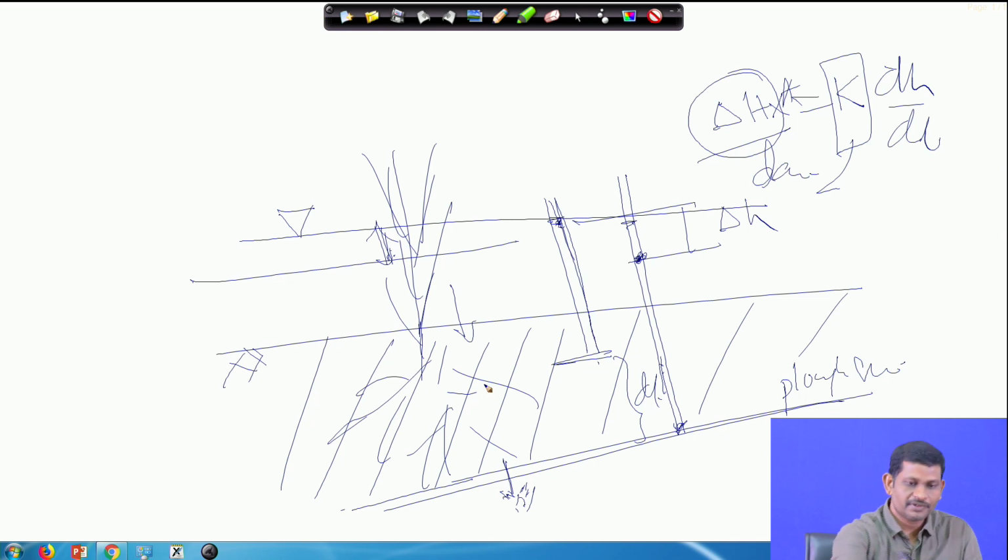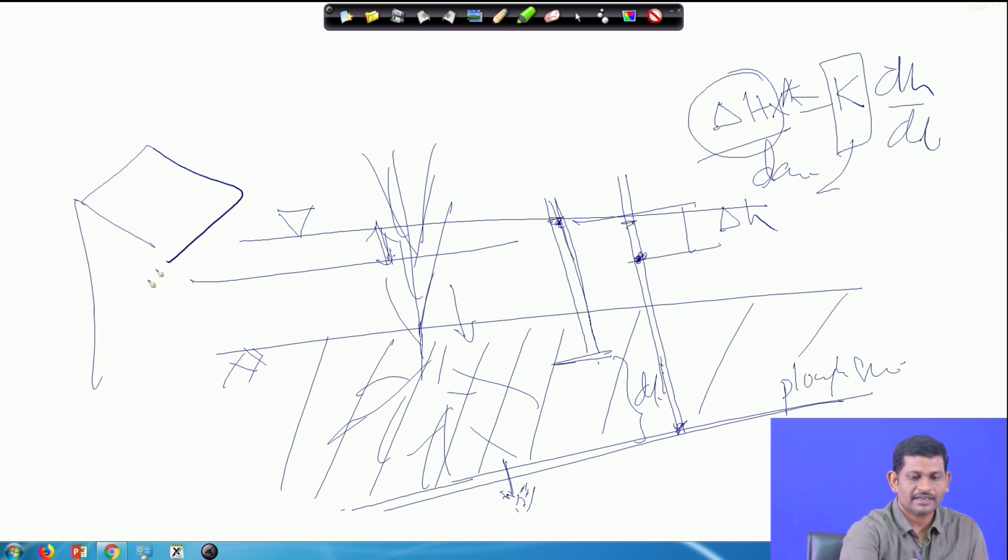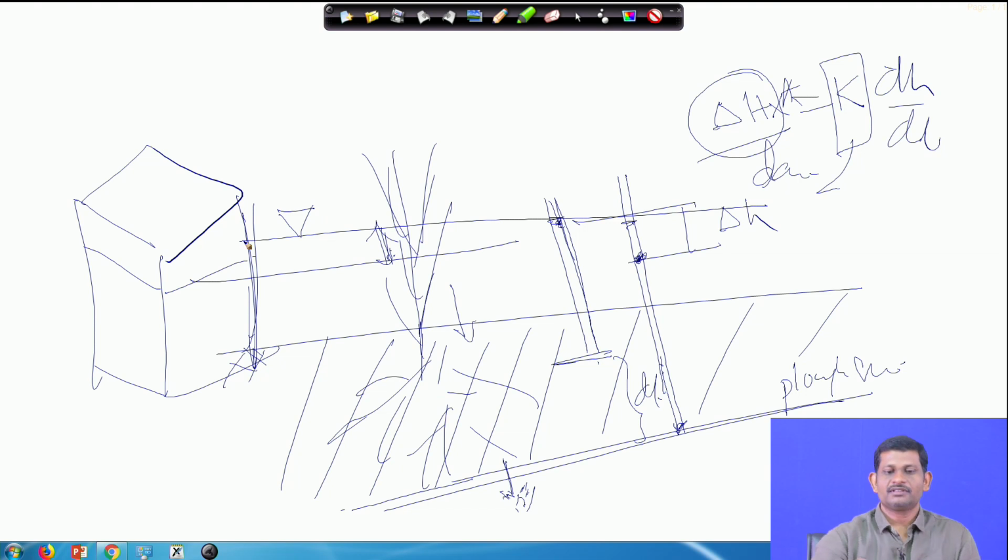You can also use lysimeters. If you have a lysimeter, that is a tank, this is an open type lysimeter. There are three types, I think I explained in the lectures: bottom open with crop, bottom closed with crop.